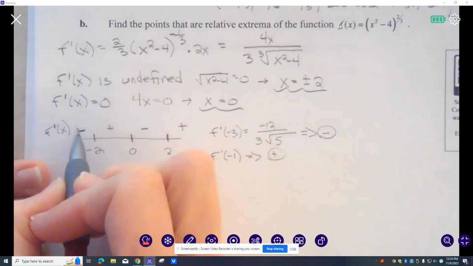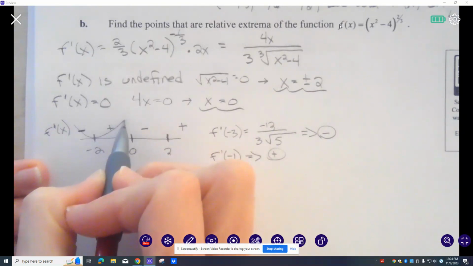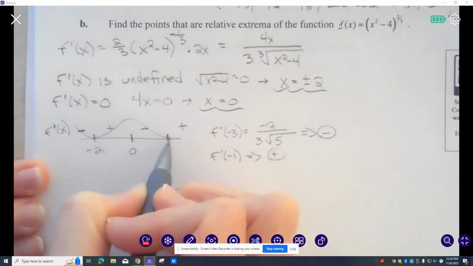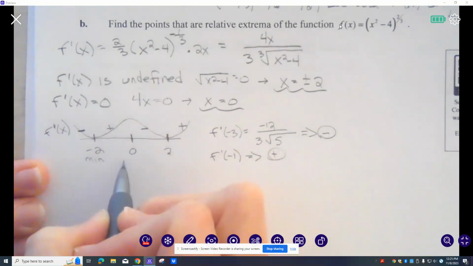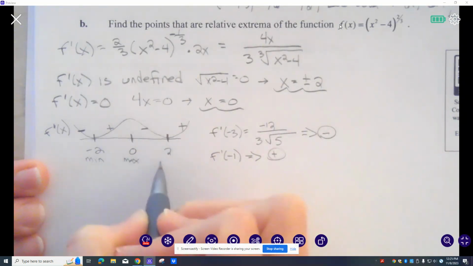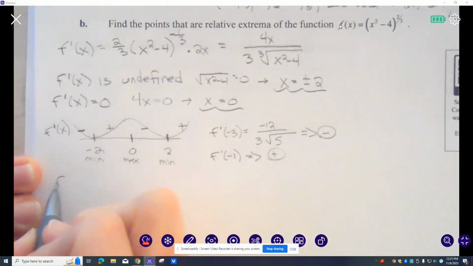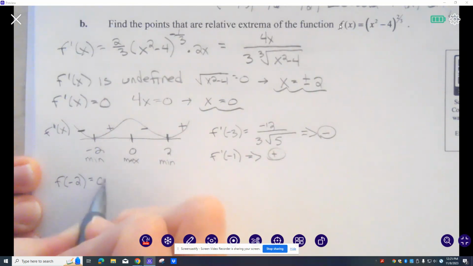Derivative is 0, function is decreasing, and then 0, and then it increases all the way to here, and then it decreases, and then it increases. So this looks like a min, this is a max, and this is a min. So find all points that are relative extrema. So I need the y values that go with them. So I need to find f of negative 2, which is 0.